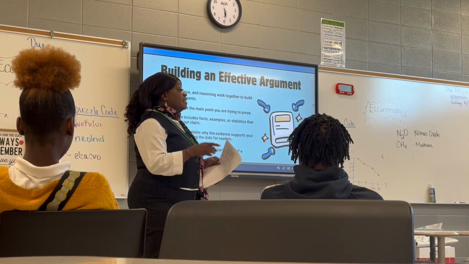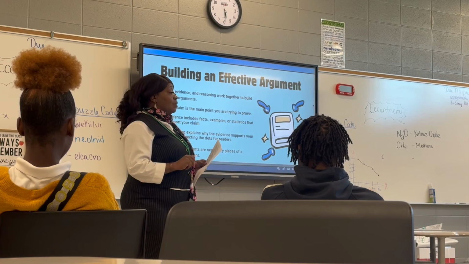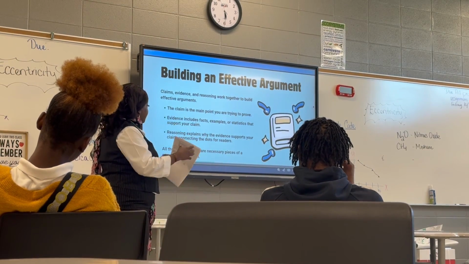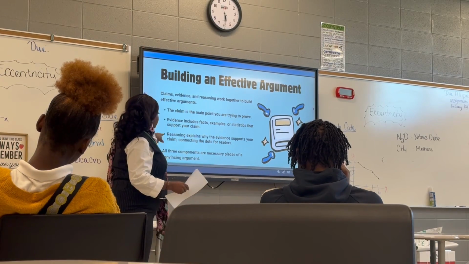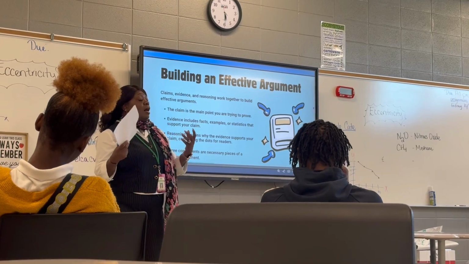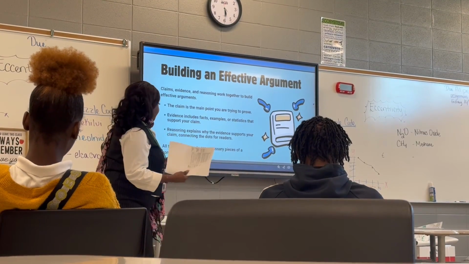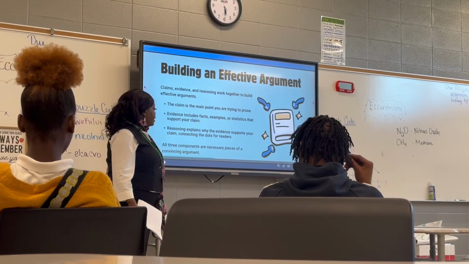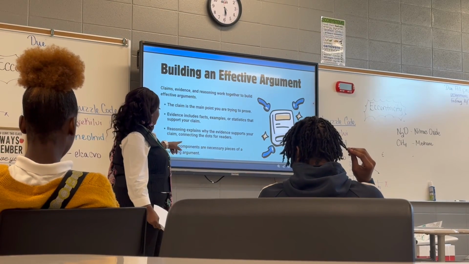So you're getting the information, jotting it down, and making sure everything is connected together. The claim, evidence, and reasoning should all come together, and you can make a summary of your findings, okay? That's why they said all three components are necessary pieces of a convincing argument.